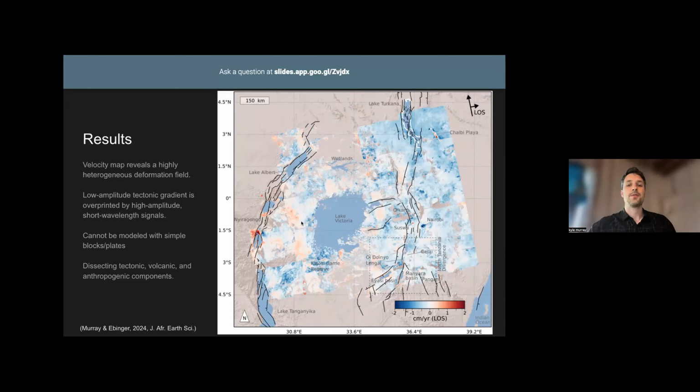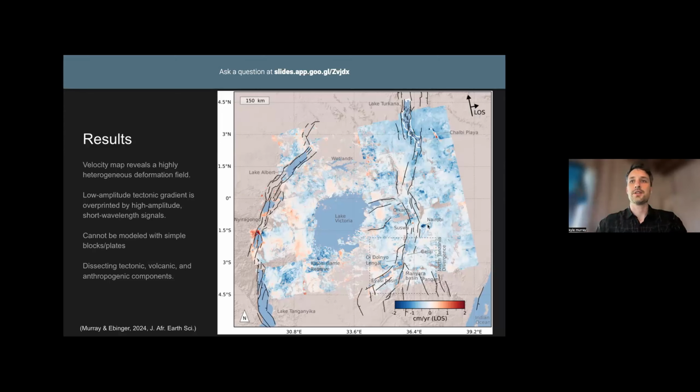So what jumps out right away is how heterogeneous the deformation is. We see the broad low amplitude gradient from Nubia to Somalia divergence, but it's clearly overprinted by strong short wavelength signals.